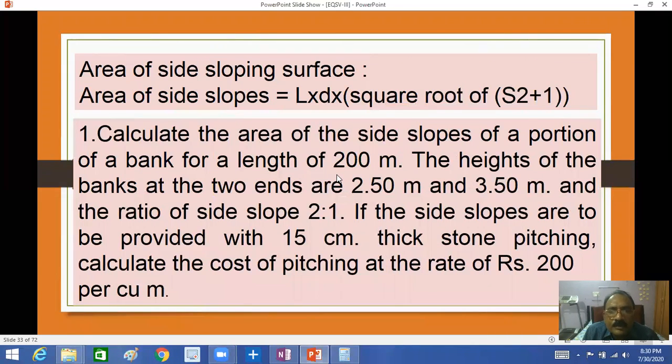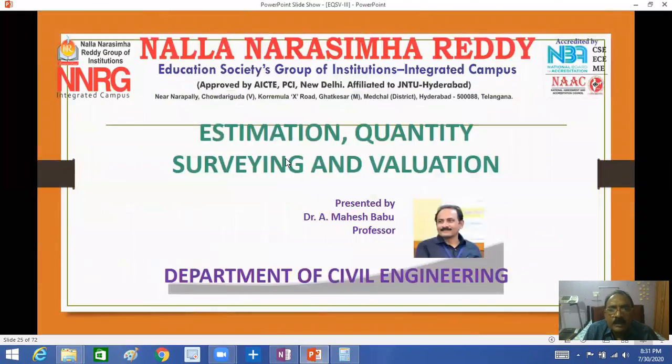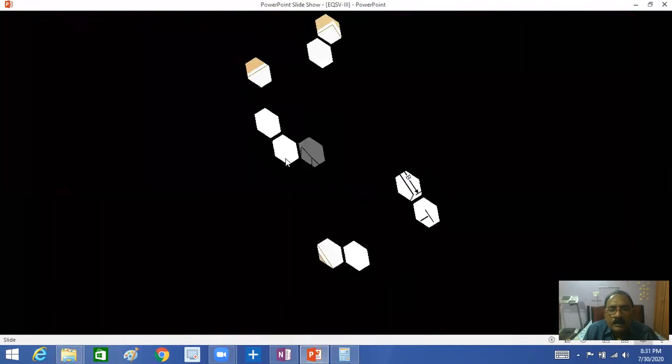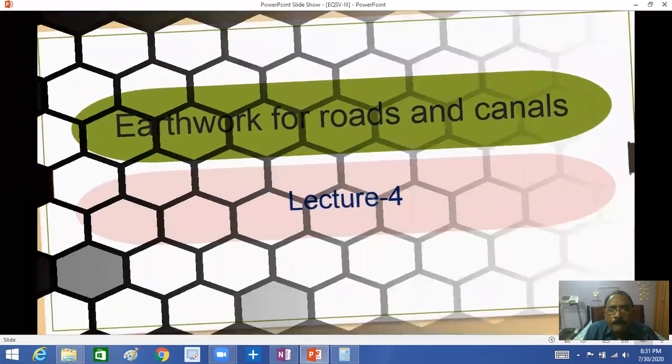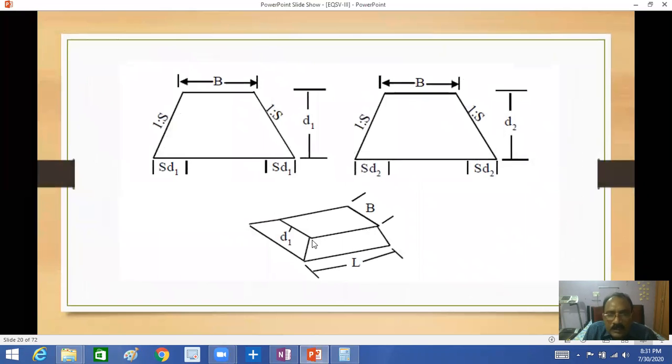Area of side slope surface. How to calculate the surface area? If you see this figure, this is the surface area, with this length L and this depth D. How to calculate this area? That is our question now.